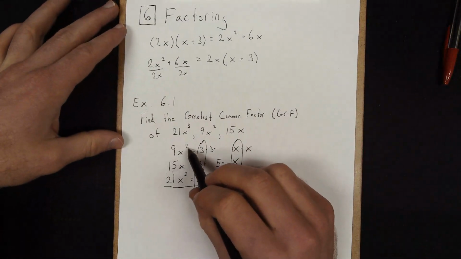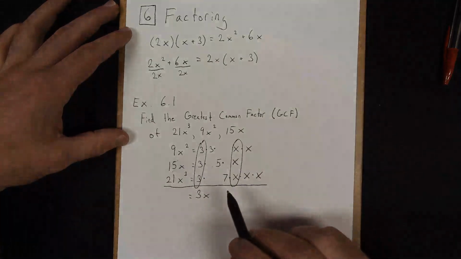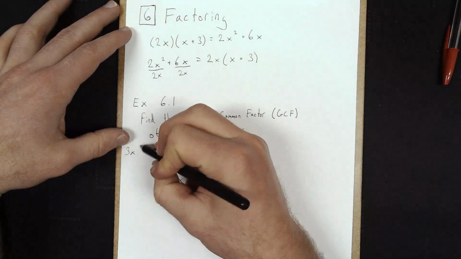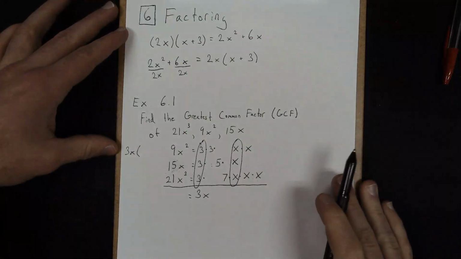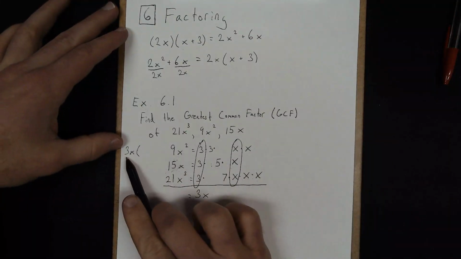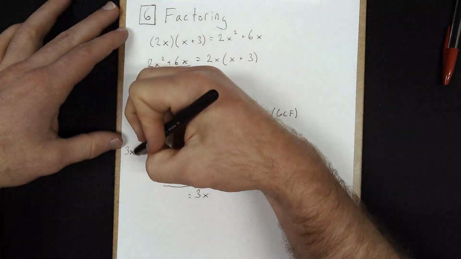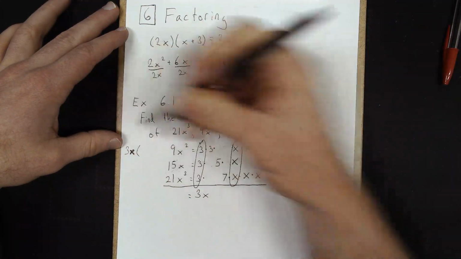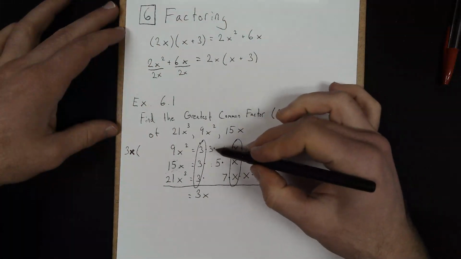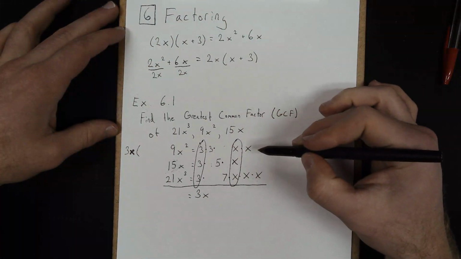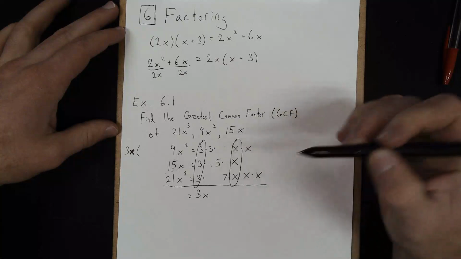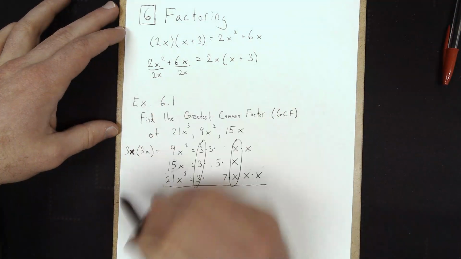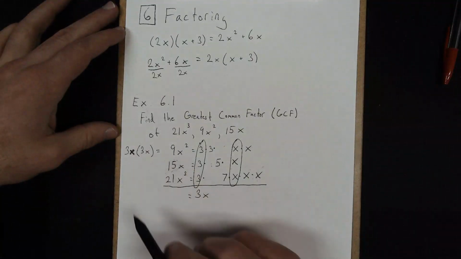So 9x squared, let's put our 3x, and I'm asking what times 3x will give me 9x squared? Some of you may know, but if you don't, you can look at what's not circled: 3x. 3x times 3x is 9x squared.